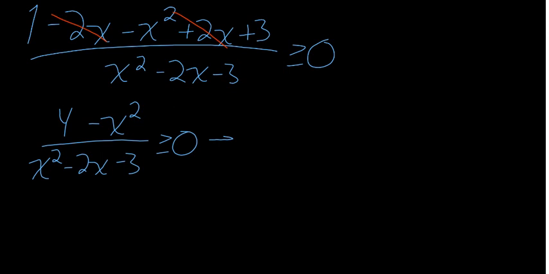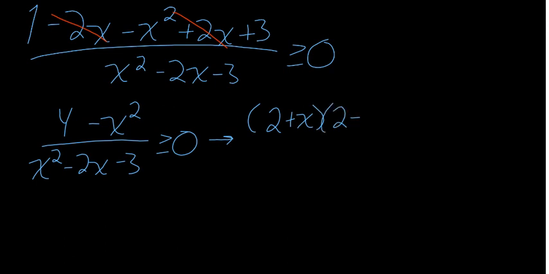Okay, so let's go ahead and factor that numerator. It is a difference of squares. Hopefully you can see it. It is an a squared, 2 squared, which would be 4, minus b squared, which is x squared. So this would be a plus b, a minus b, or 2 plus x and 2 minus x.